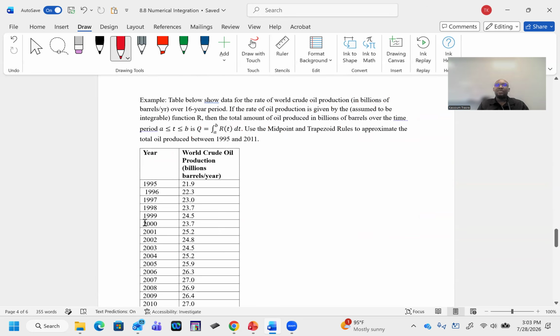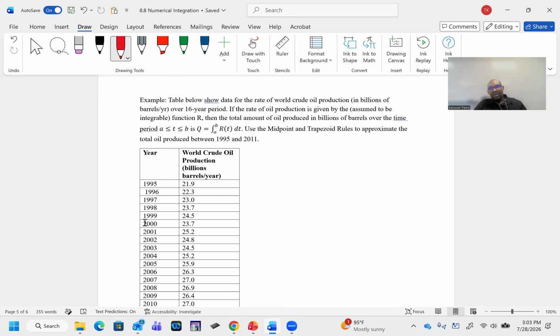So the next example is a problem. It said the table below shows data for the rate of world crude oil production in billions of barrels per year over a 16 year period.